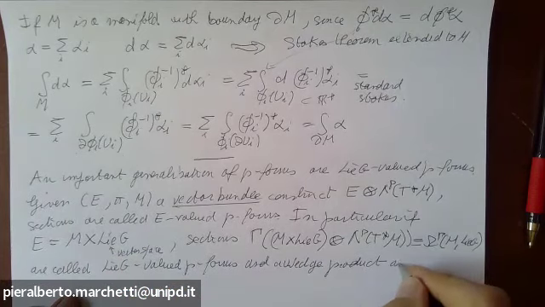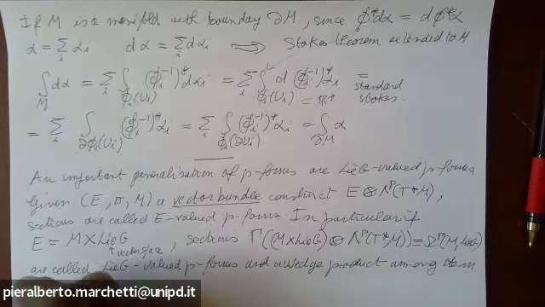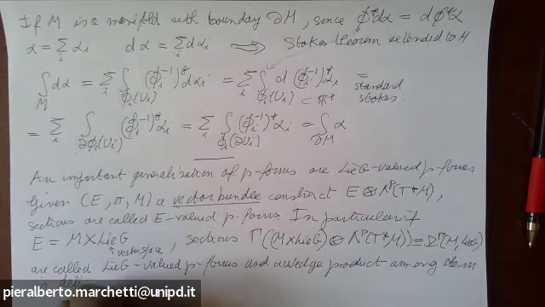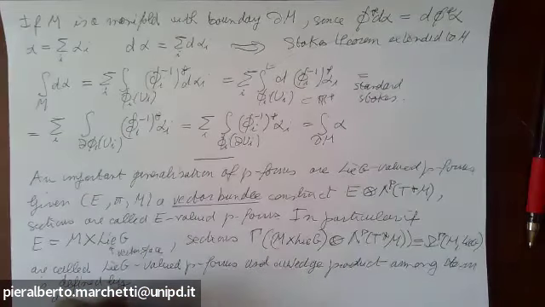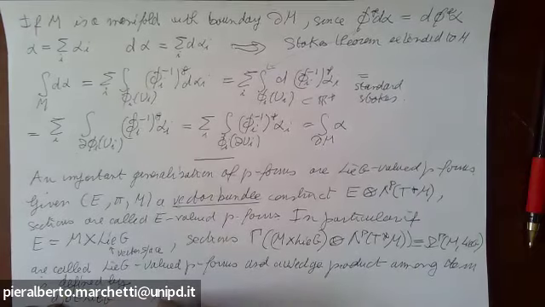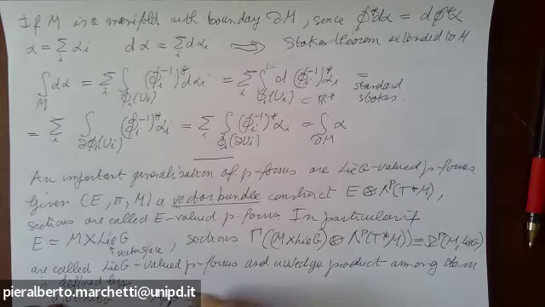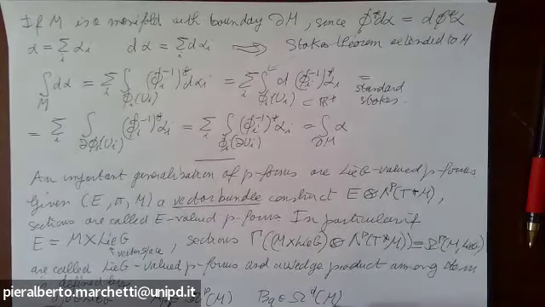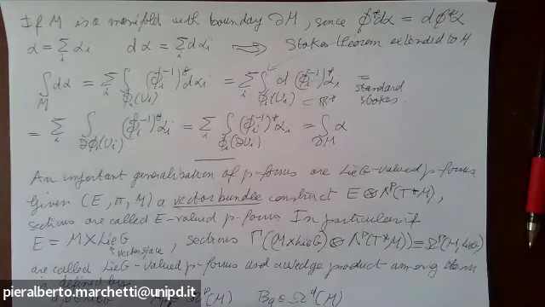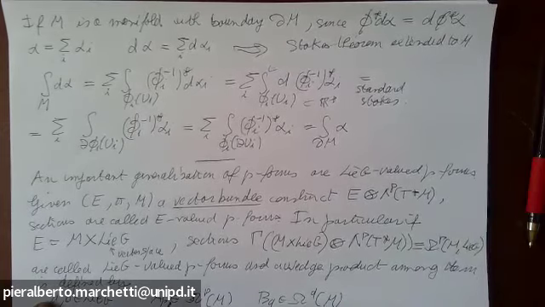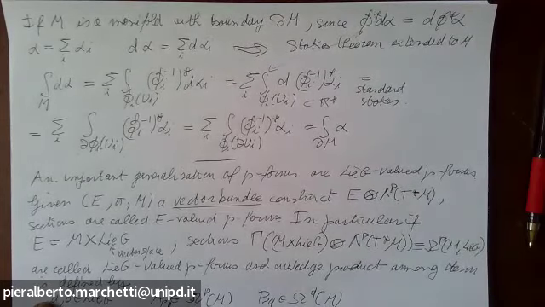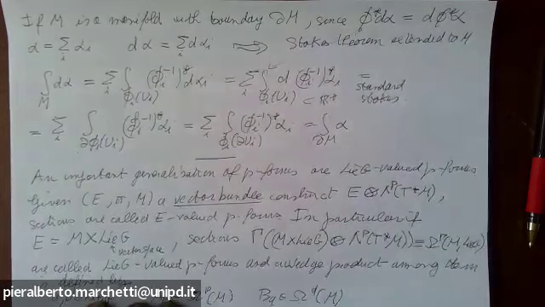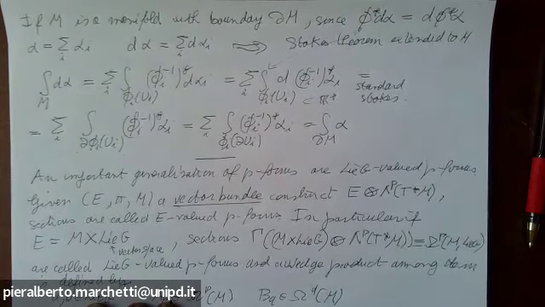But the wedge product among them is defined by, suppose you have A and B, which are elements of Lie G, α_P is a P form on M, and β_Q is a Q form on M. Then an element you can write like A tensor product α_P, wedge B tensor product β_Q, by definition is the Lie bracket of A and B, tensor product the wedge product of α_P and β_Q.